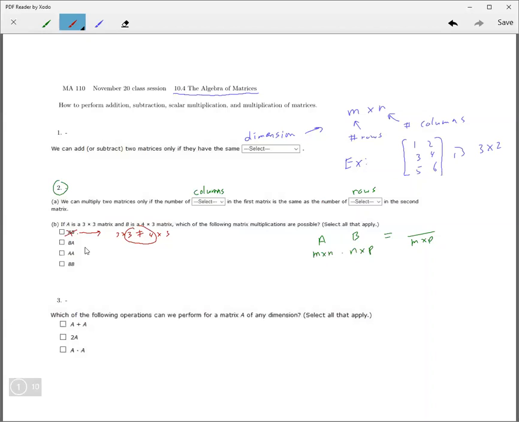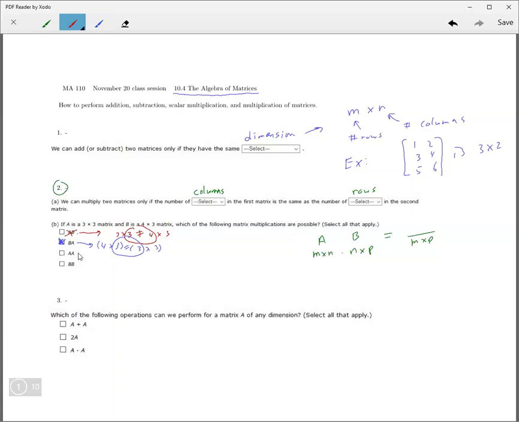Okay, B times A, however, and this is the interesting thing, sometimes you can have the opposite order actually work. So B is 4 by 3 and A is 3 by 3, and these are equal. So this will work, so you can check that box right there for BA.